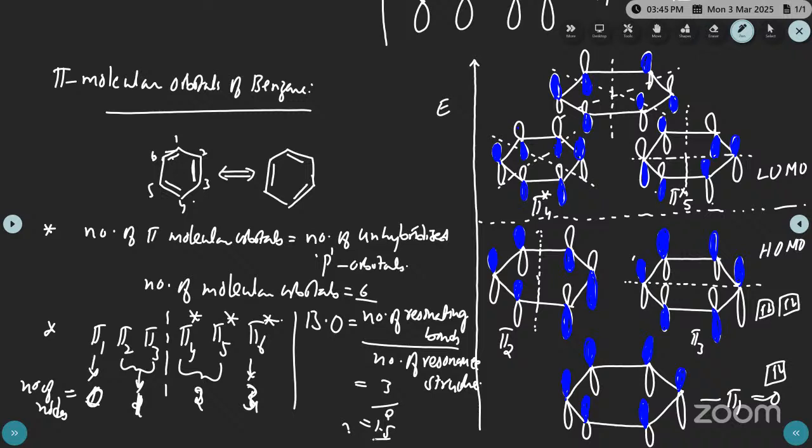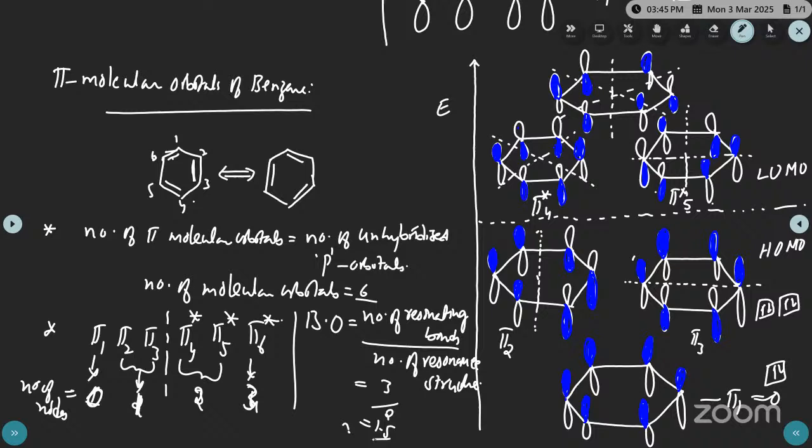How do nodes form? Nodes means opposite lobes. When opposite lobes come together, there is a node. When opposite lobes come together, what happens? The overlapping will be 0. Okay, one lobe cancels with another lobe.